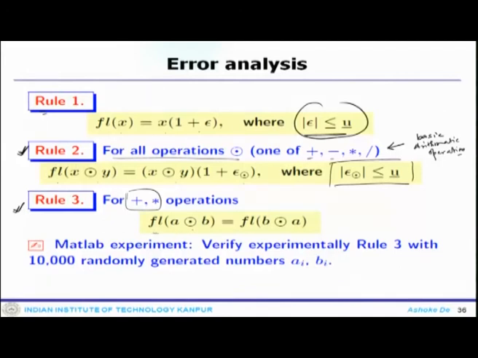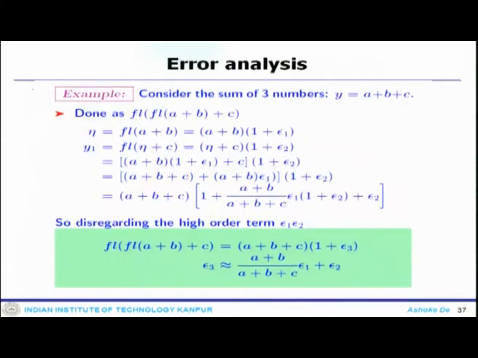So, the floating point of a dot b equals floating point of b dot a. This is only true for the dot belonging to the set of plus and multiplication only. So, these are 3 rules which are very important for handling the precision of the machine.